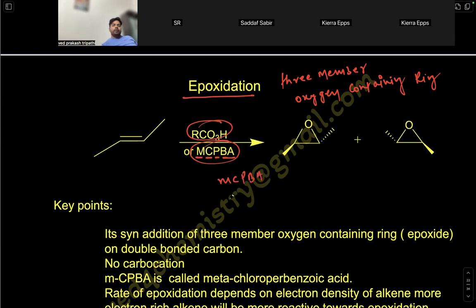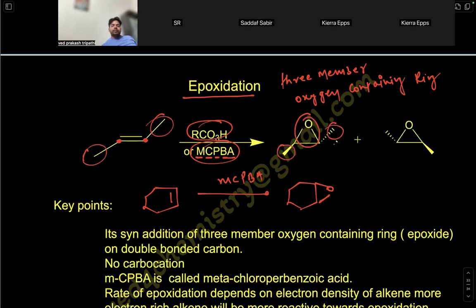Suppose we have this alkene and we are using MCPBA. So we can draw a three-membered oxygen containing ring over the double bond, meaning insert oxygen like this. Simple. You can see this is my trans alkene, so the epoxide would be here and both the carbons are anti to each other, one on the wedge, one on the dash.